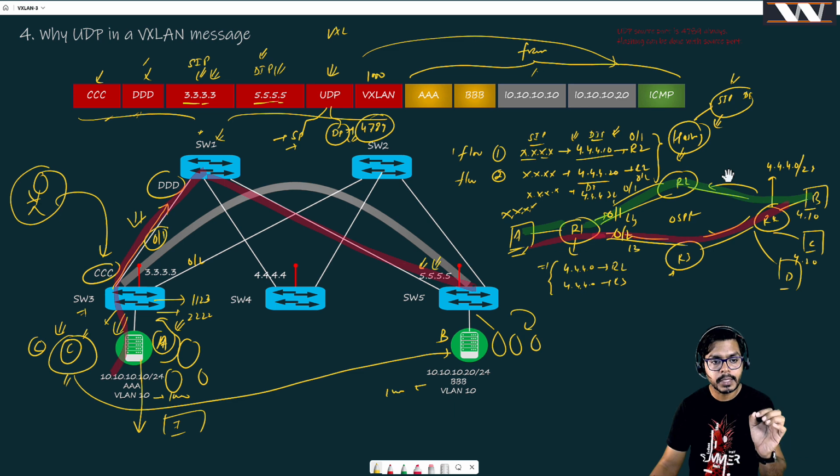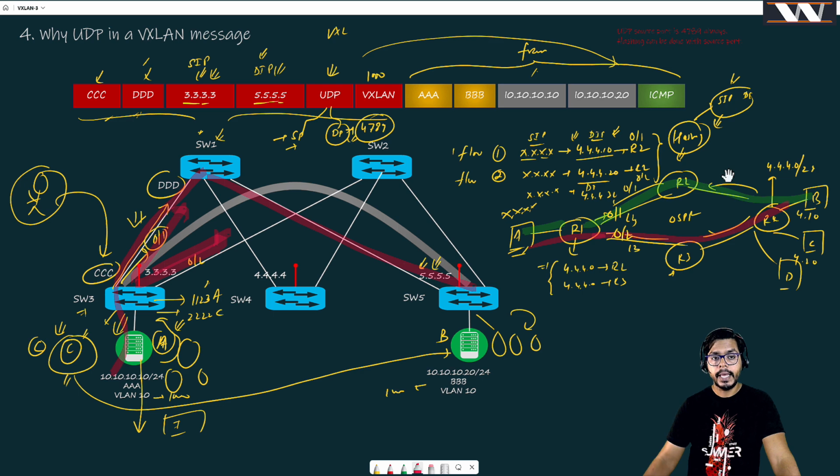Now there is something which can differentiate the packet of host A from host C. I can do hashing on the basis of this: if this port number changes, I can send some messages to this interface, some to that interface, some here. I can utilize both of them.